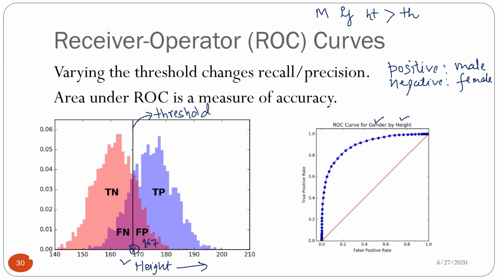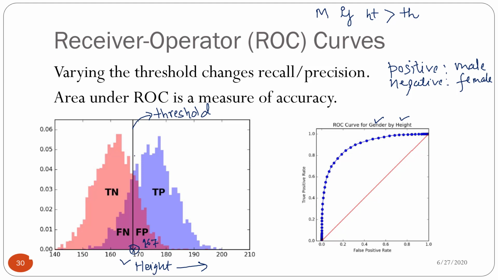And what is this classifier doing? The classifier is distributing these two and coming up with a decision about which sample would be called positive and which would be called negative. So it is up to us.